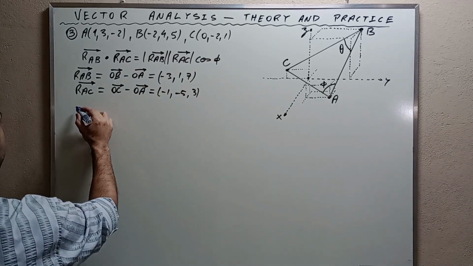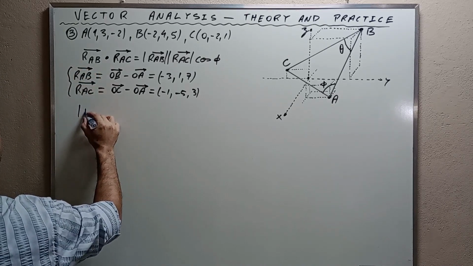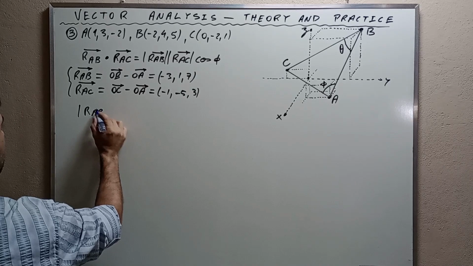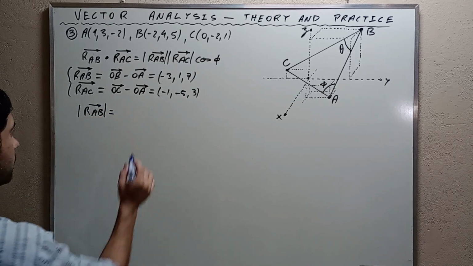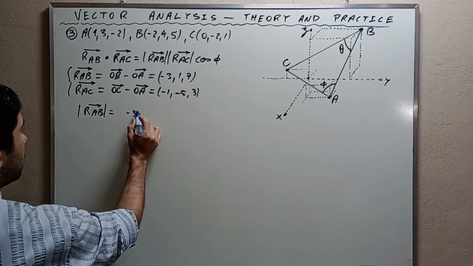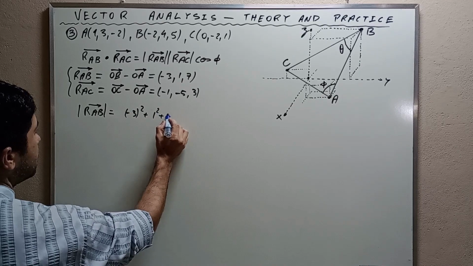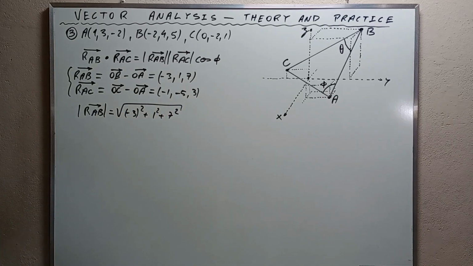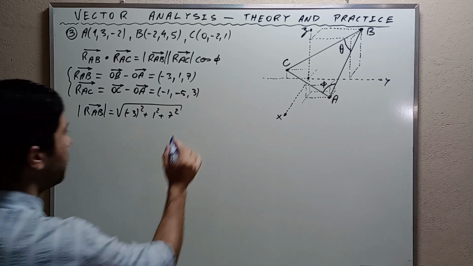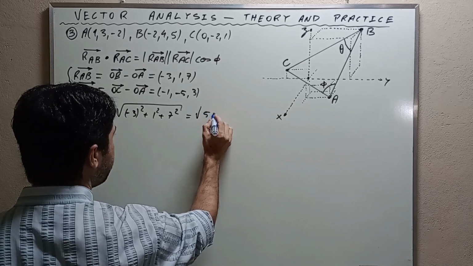Simply, the magnitude of RAB is equal to the square root of -3 squared plus 1 squared plus 7 squared, and we find the square root of 59.